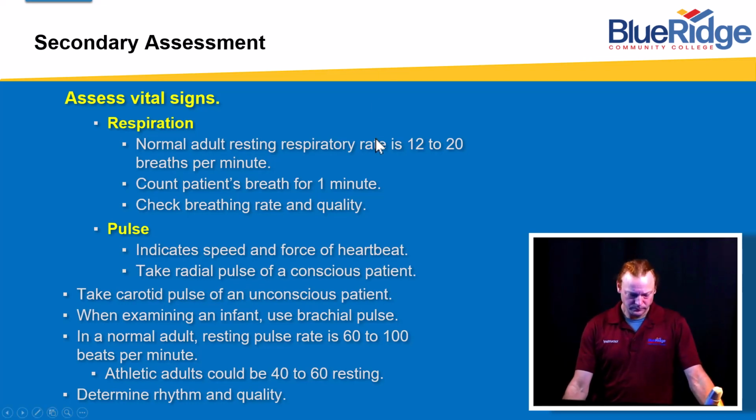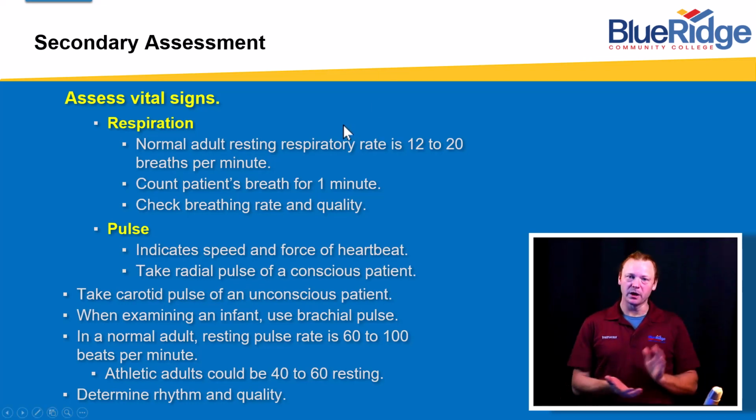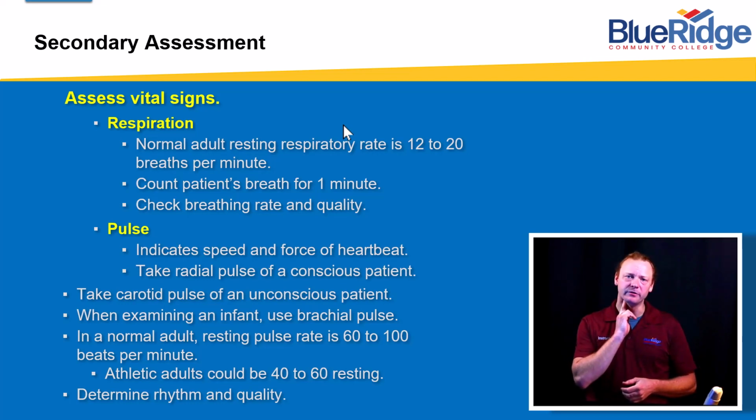Circulatory. So on a conscious patient, we're always going to go first to the radial pulse and assess the heart rate and quality there. And then, of course, for our unconscious patients, we're going to go for our carotid pulse. We can practice that on each other, your fellow students, in the classroom or the lab setting as well, so that you can become very familiar with that.